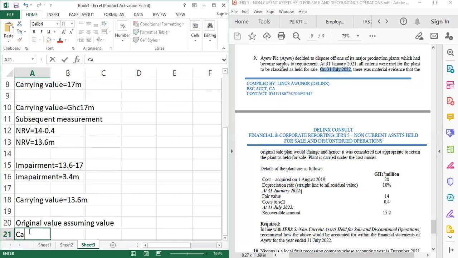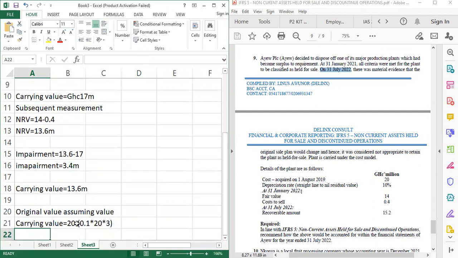Assuming the classification was not done, what should have been the carrying value of the assets? It should have been the original cost minus, in brackets, 0.1 times 20 times the 3 years, because we used the asset for 3 years.